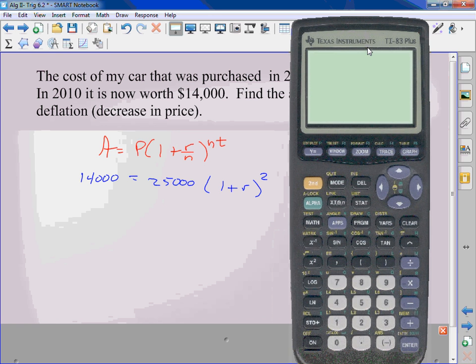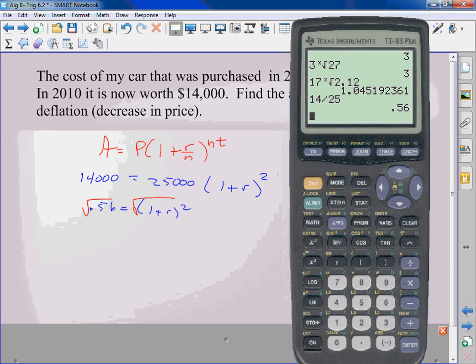My first step: divide by 25,000. So 14,000 divided by 25,000, I get 0.56 equals 1 plus R squared. How do I get rid of a square? I take the square root, that gets rid of a square.